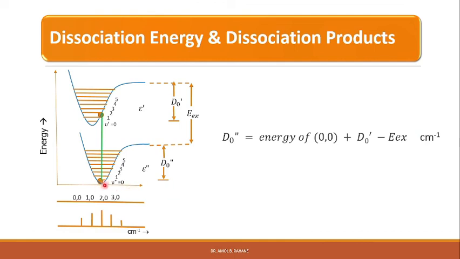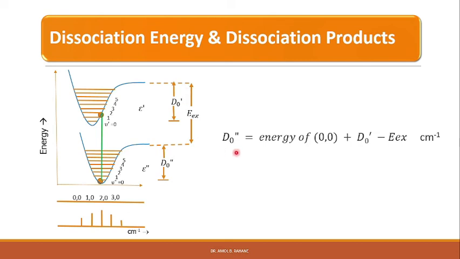Let's say the transition we are considering is from nu double prime equal to 0 to nu prime equal to 0, that is, from the vibrational ground state in the lower electronic state to the vibrational ground state in the upper electronic state. The corresponding energy will be the energy of the 0-0 transition. This energy plus D0 double prime will be equal to the dissociation energy plus Exe.